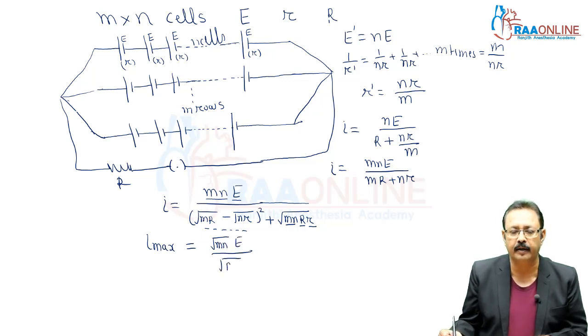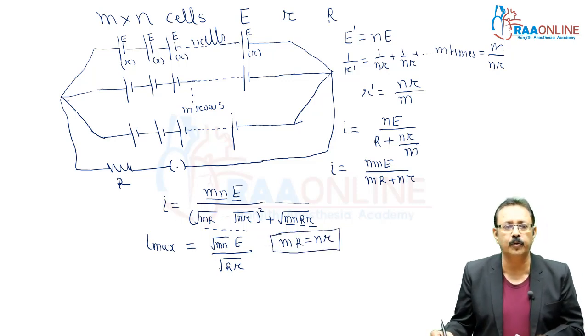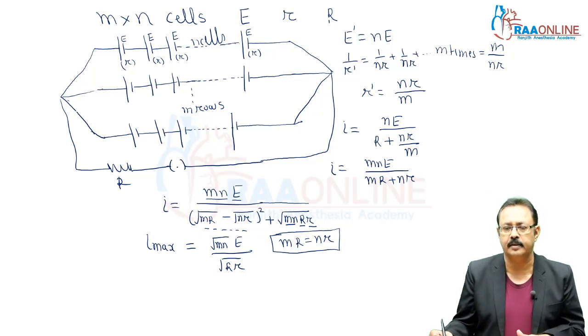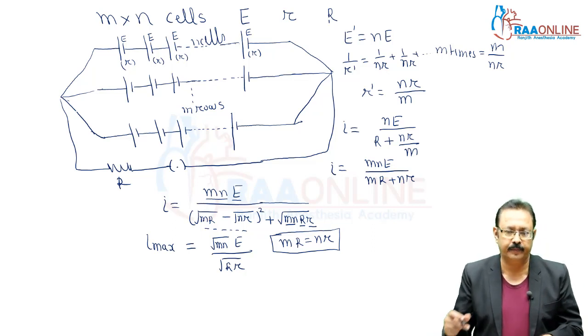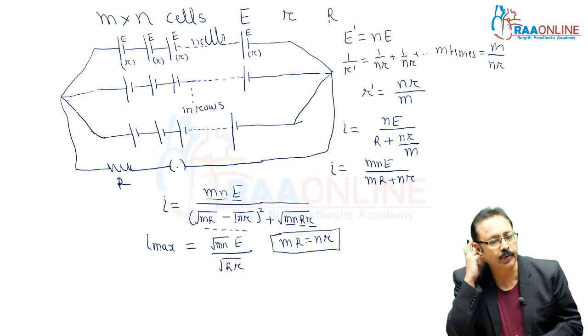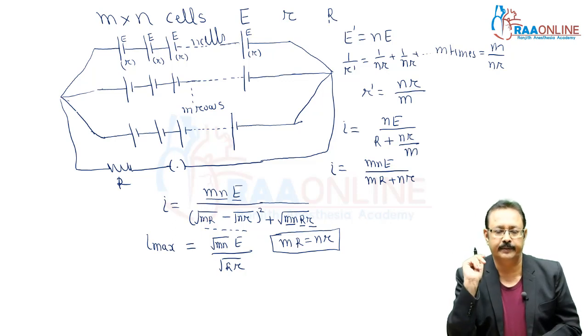And when it will happen? When you keep MR and NR equal. It is the condition for maximum current. The number of rows into external resistance should be equal to number of cells in one row into internal resistance. Getting my point? So it will be maximum then.